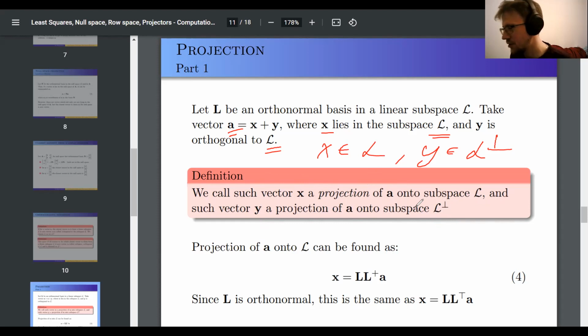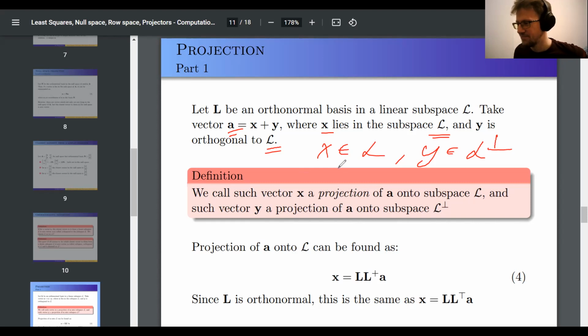You can also, if you want to define it with more flourish, say that the projection of A onto a subspace is the closest element of the subspace to A. That is also a definition.